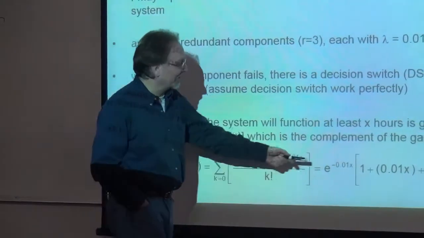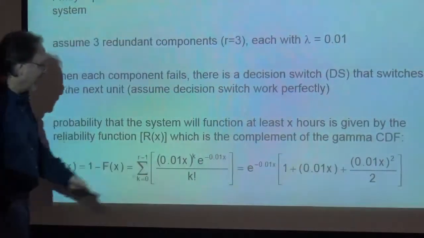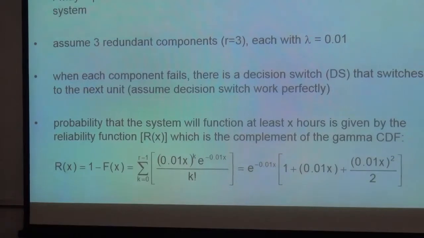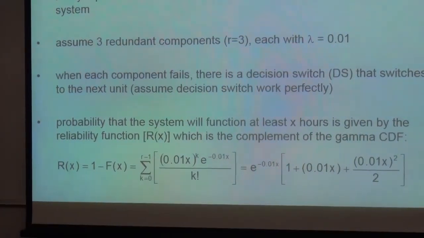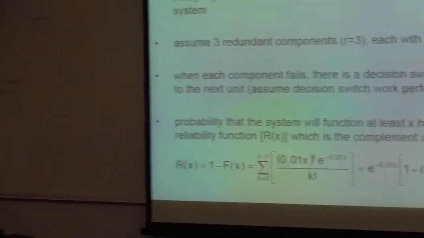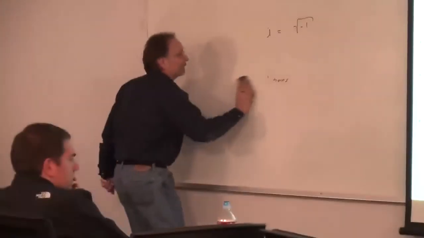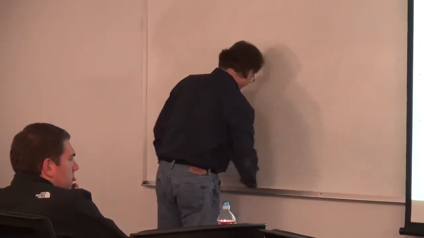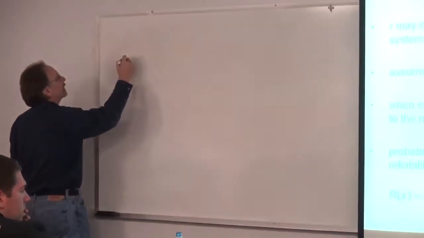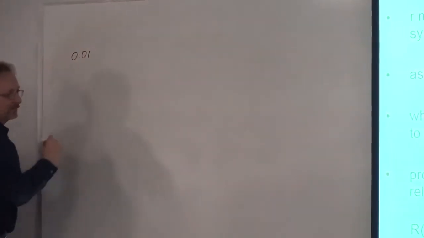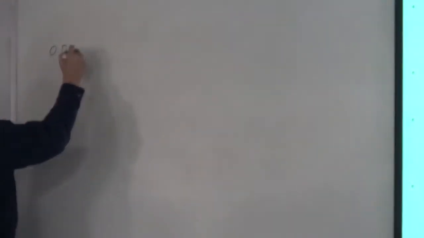Let's first get from here to here. So it will go for each one of our components, from 0 to r minus 1. For k equal to 0, that's 0.01 times x to the 0.